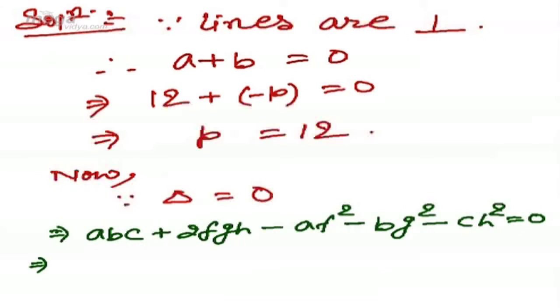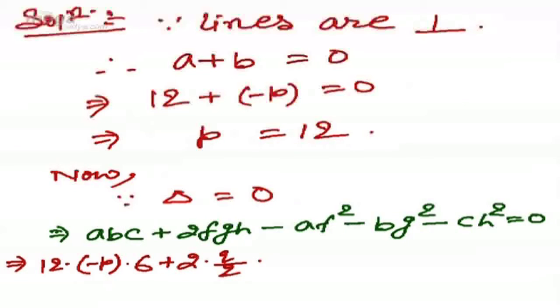Now we'll substitute all the values. A is given here 12, B is given here minus P, C is given here 6, F is Q upon 2, G is minus 9, H is 7 upon 2.